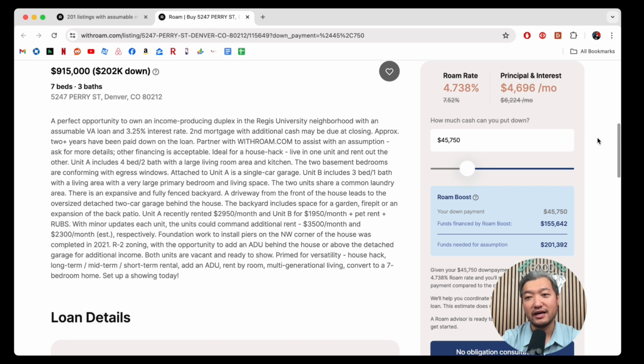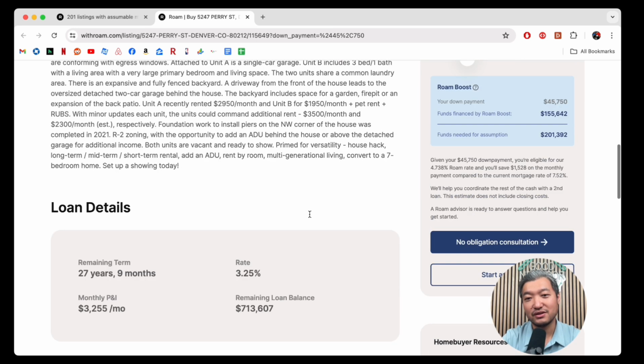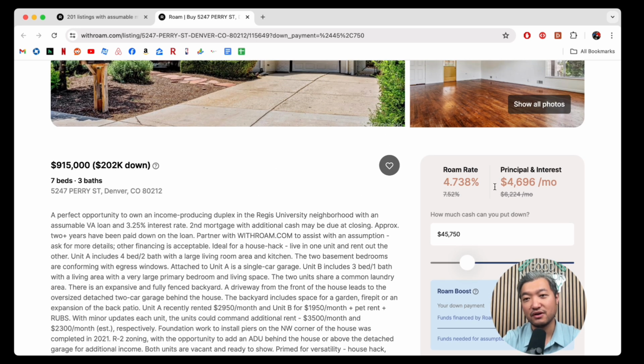Now, this $155,000 loan is going to be at market rate, so it'll be somewhere between 7 and 8%, but still much cheaper than your regular purchase if you were to buy this with a non-assumed loan at like 7.5%.